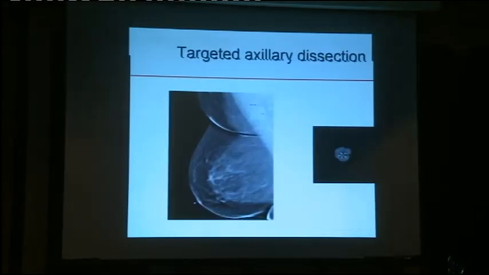I mentioned this targeted axillary dissection. This is another patient. So here is the tumor, and then here is the lymph node. So these clip lymph nodes are localized with radioactive seed, and the radioactive seed that we extensively use now for our localization of either positive lymph nodes or the biopsy clips in the mastectomy specimen.